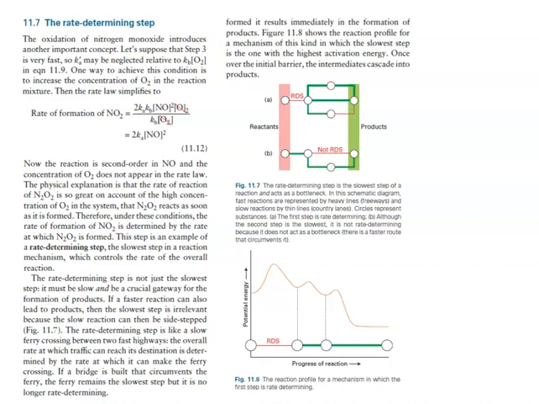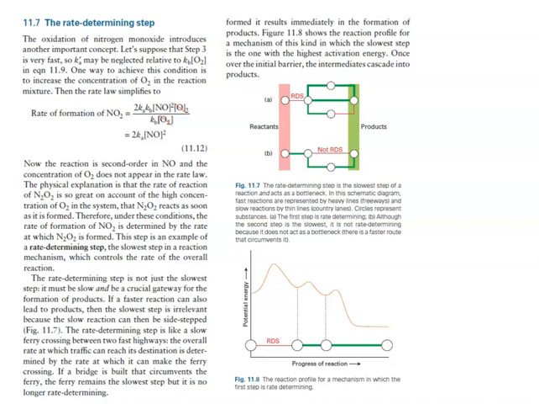This takes us to the next section, the rate determining step. The oxidation of nitrogen monoxide introduces another important concept. Suppose that step 3 is very fast, so K sub A prime may be neglected relative to K sub B times the concentration of oxygen in equation 11.9.